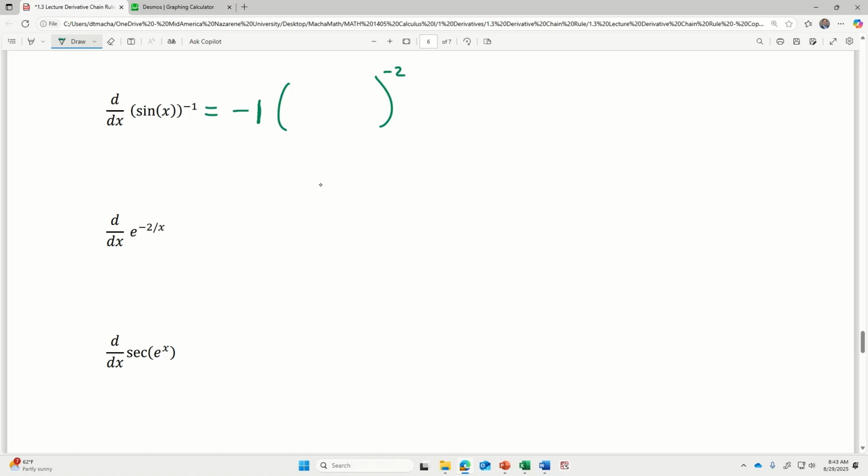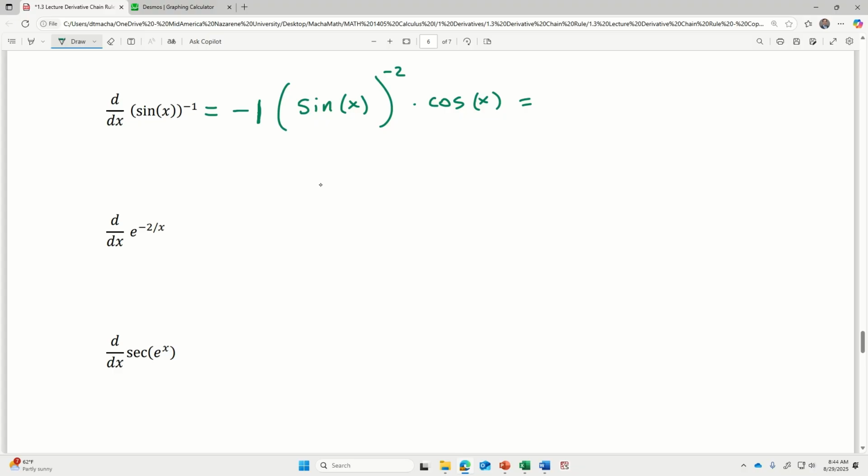Since this is the chain rule, everything on the inside remains the same. And I'm going to multiply now by the derivative of the inside function. So I multiply times what? Cosine. And that's perfect. That's the correct derivative.